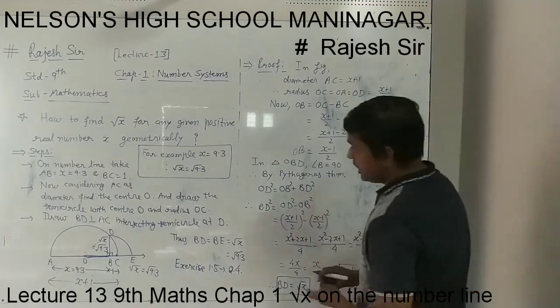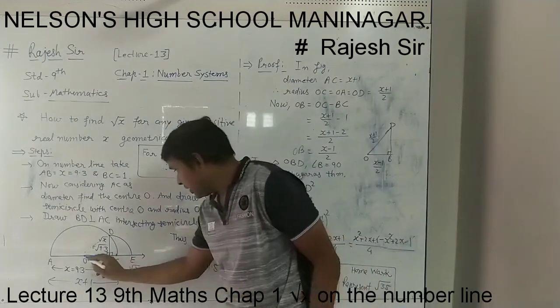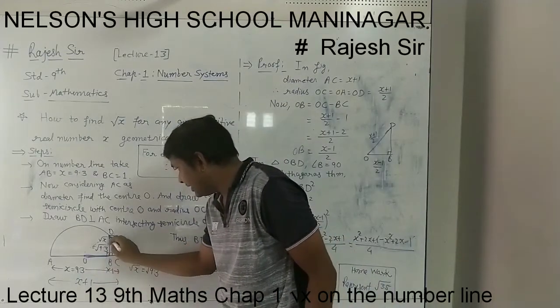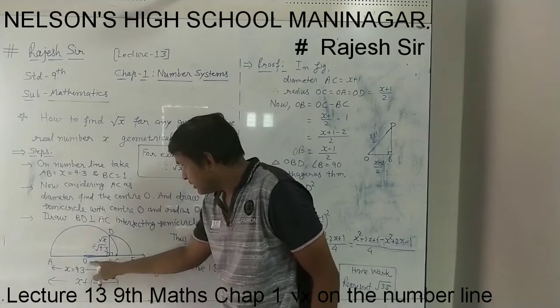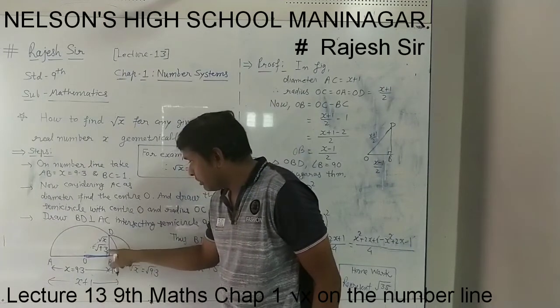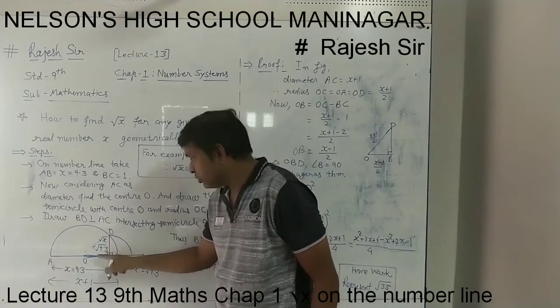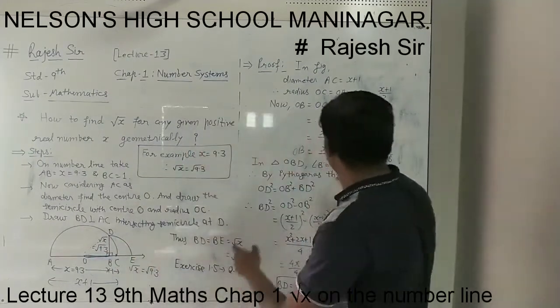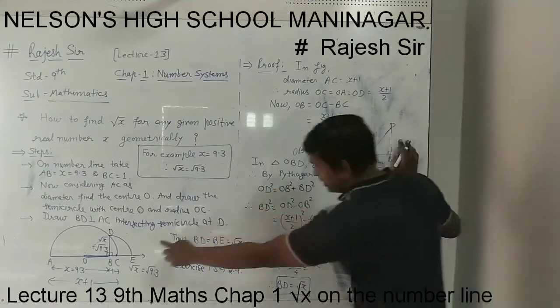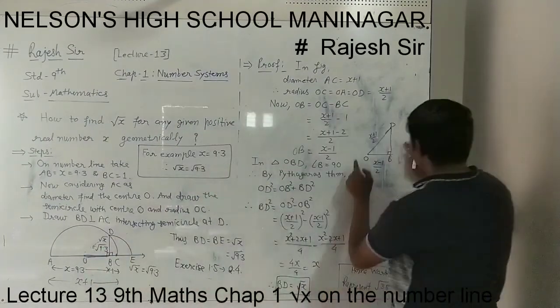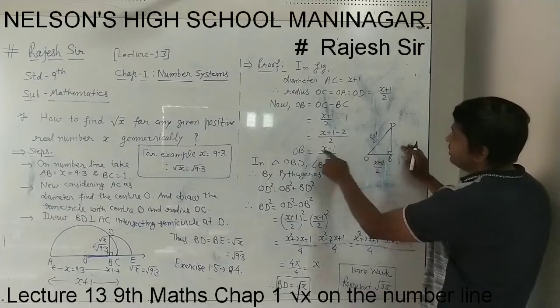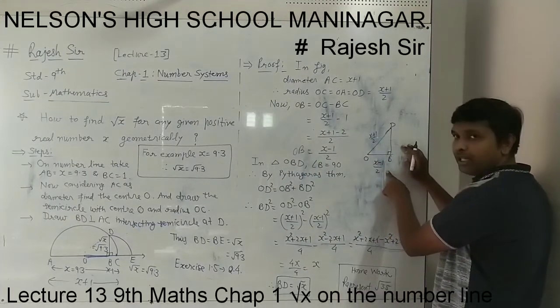Right? Now see in the figure again, this triangle we have to see now, OBD. You can see there, OB and BD are perpendicular, so they are at 90 degrees, and OD we will join. So I have shown this triangle here separately. In triangle OBD, OB we got here as (x minus 1) by 2, that value I have written.